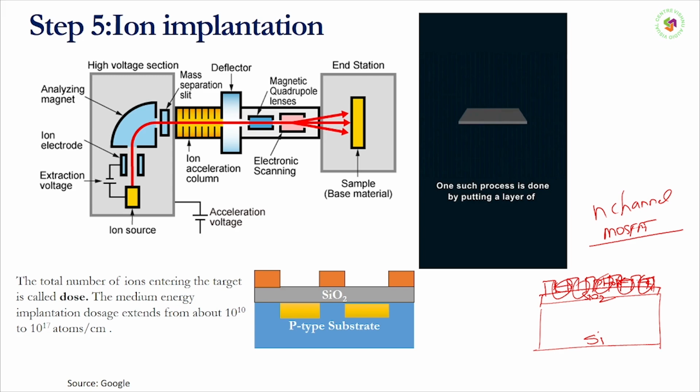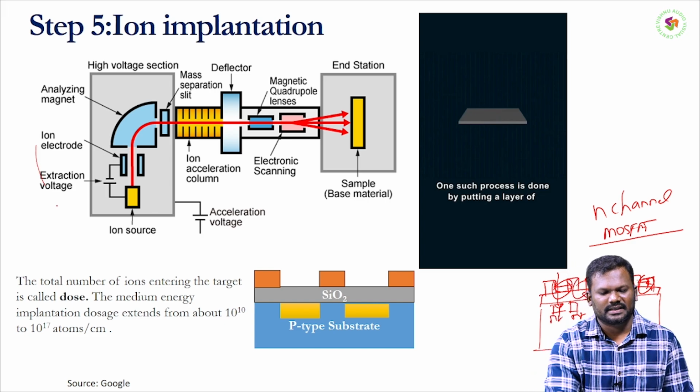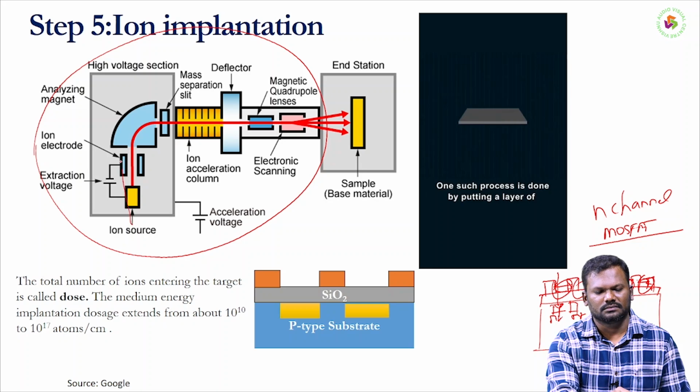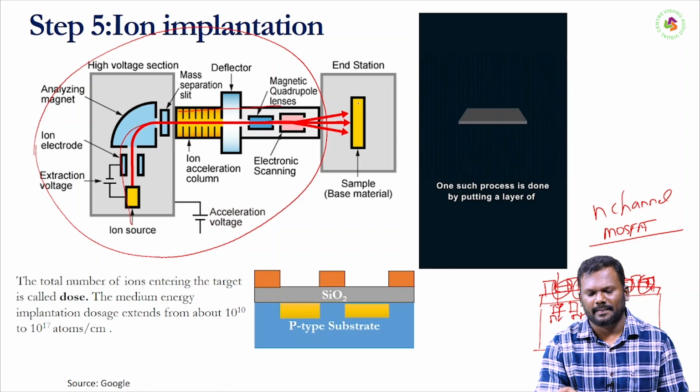By using the etching. So now the ion implantation means you need to deposit N plus regions. Look at this machine. Basically this is a low temperature process. Once you choose the dopant, you guide it through this chamber and it hits your silicon substrate.